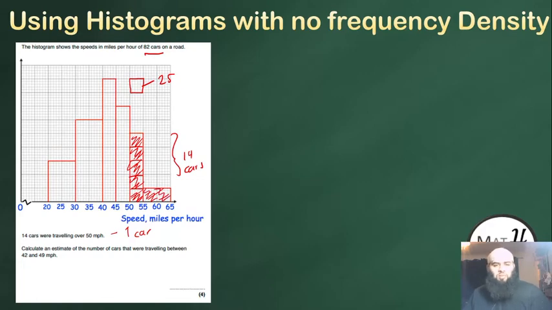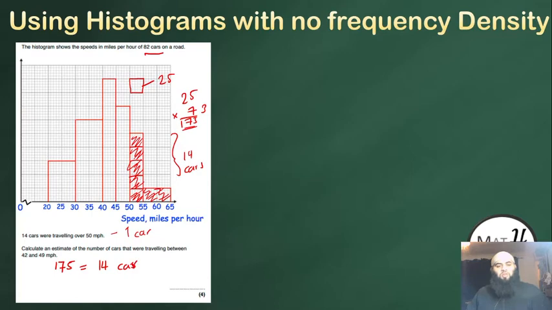So 7 times 25, 25 times 7, that should give us 175. So 175 squares equates to 14 cars.